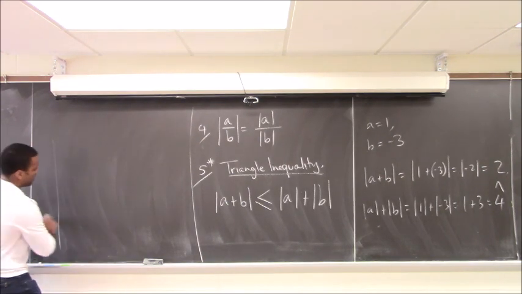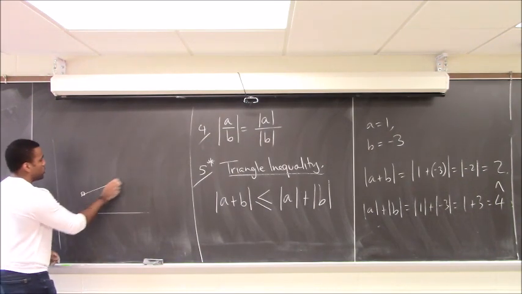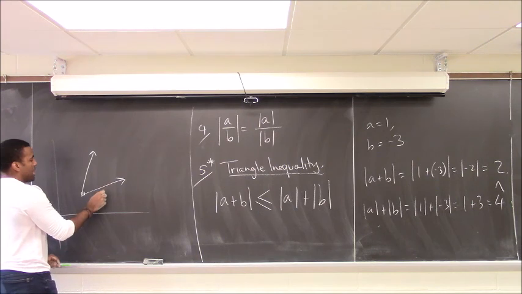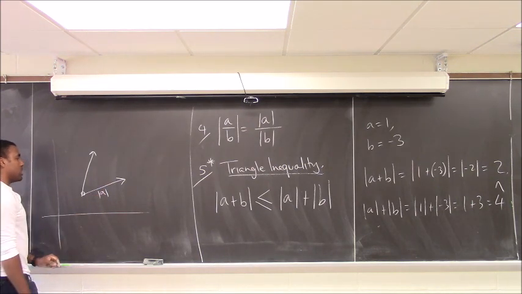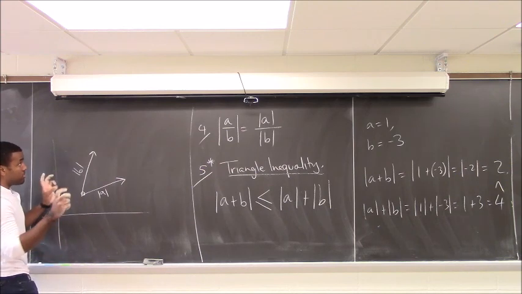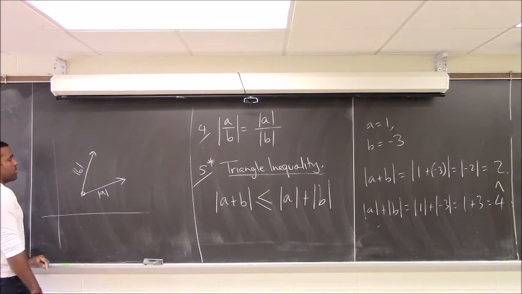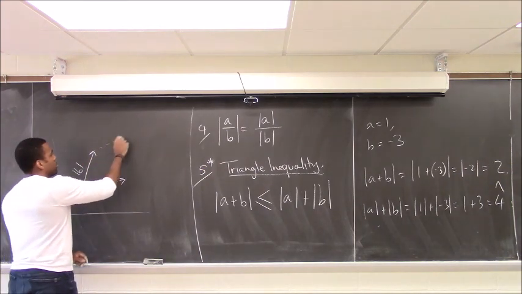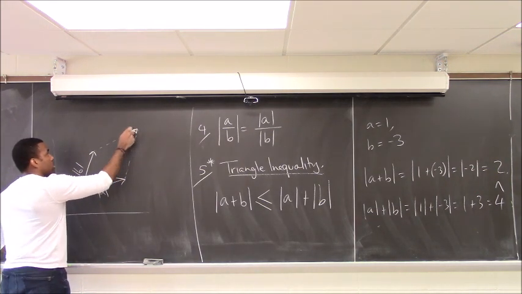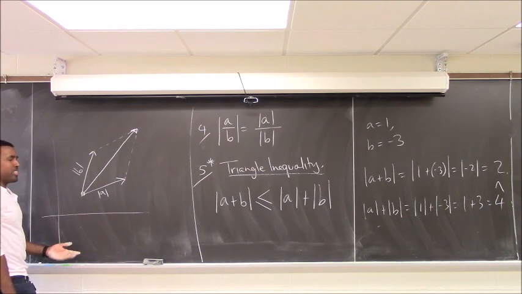But it's more like when you're thinking of vectors and you're drawing arrows all over the place. So if you have an arrow where the size of that arrow is A and you have another arrow where the size of that arrow is B, and you think of them as vectors, it turns out that the vector A plus B is going to be the vector that moves in the middle. That's also going to be important for physics.